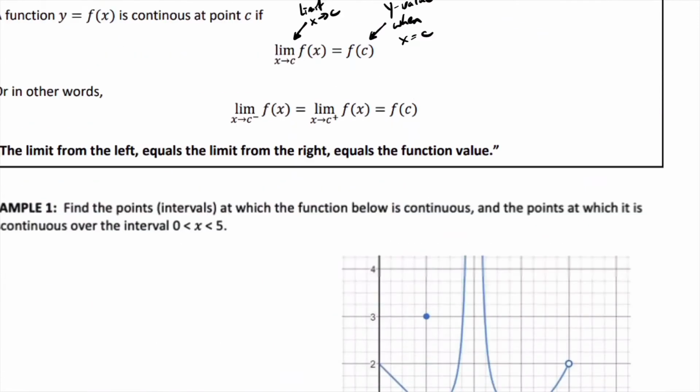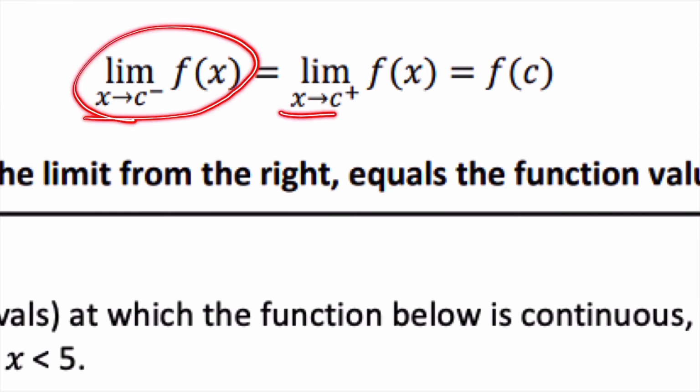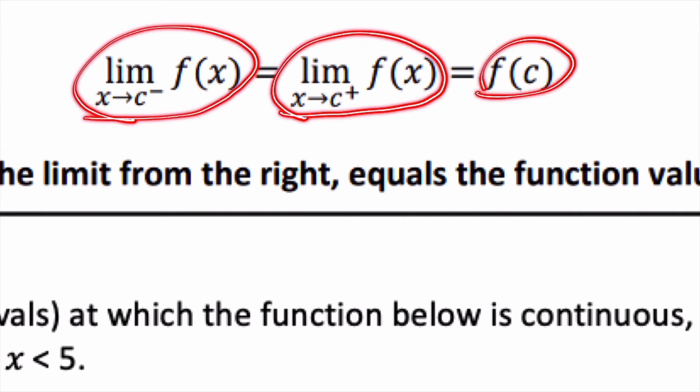Sometimes you could do it like this too. The limit from the left side of a function is equal to the limit from the right side of a function, which is equal to the value of the function.